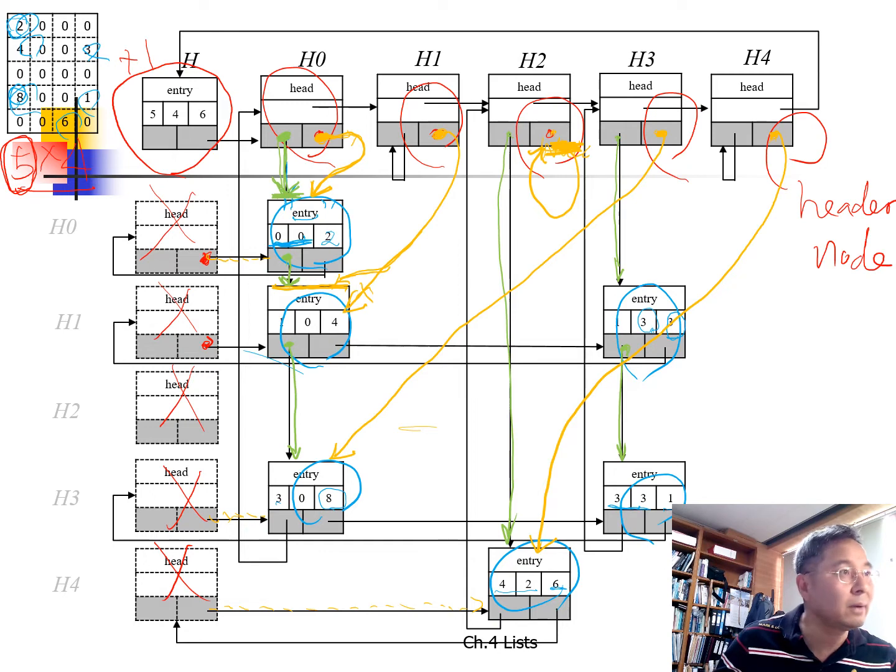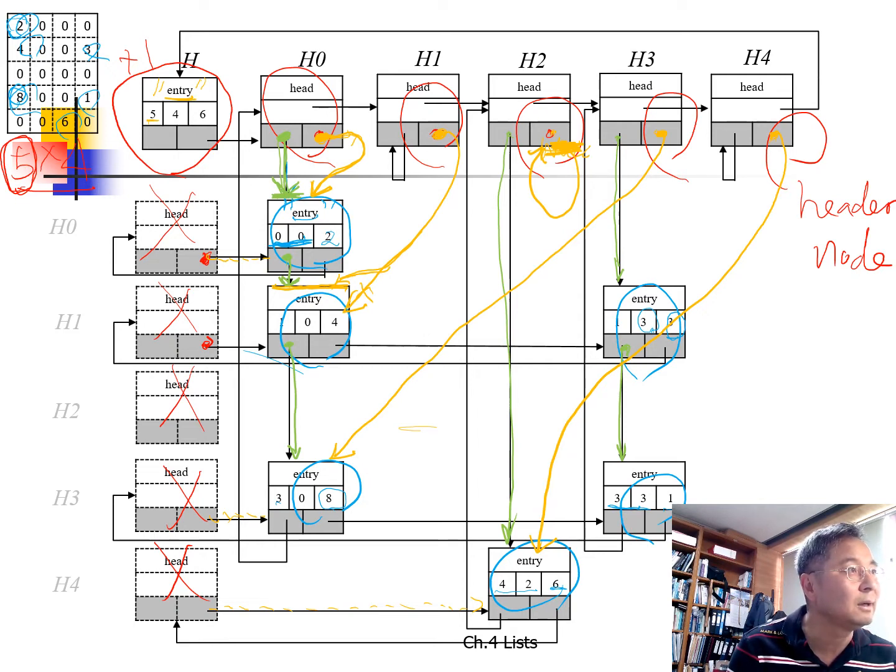Oh, okay, I must explain one more thing here about the header node. In this header node, the structure itself is an entry node. So its tag field's value is entry, and this 5 means the number of rows in the sparse matrix.